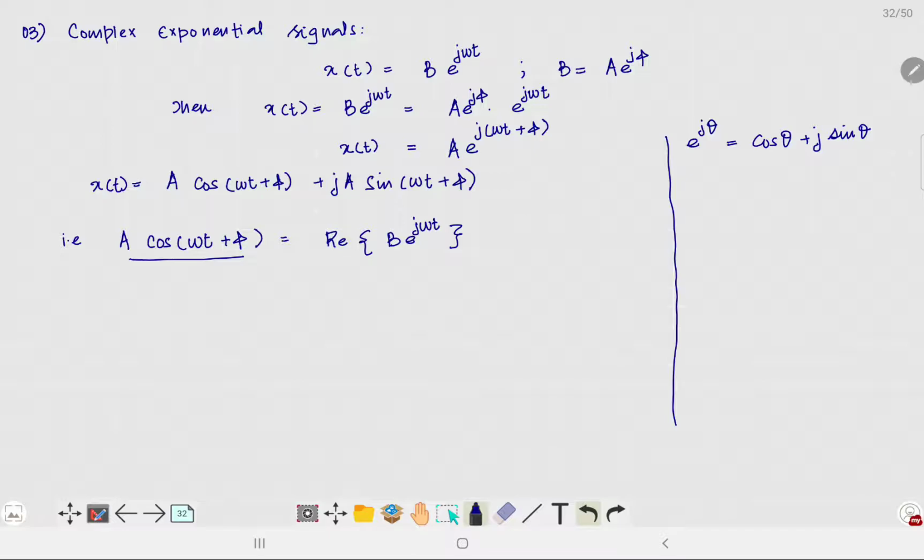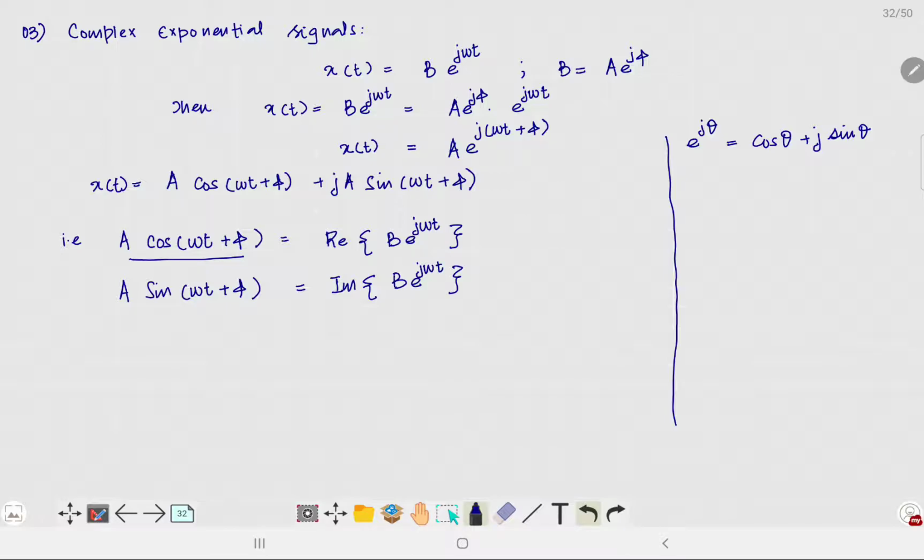But similarly, you can say that sine of omega t plus phi will be the imaginary part of e to the j omega t.